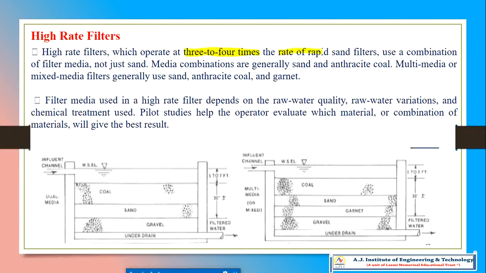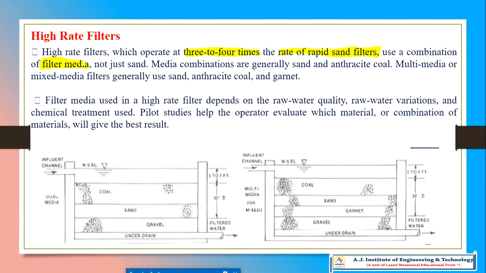The comparison is with the rapid sand filter only, but high rate filter means it operates 3 to 4 times more than a rapid sand filter. It uses a combination of filter media.